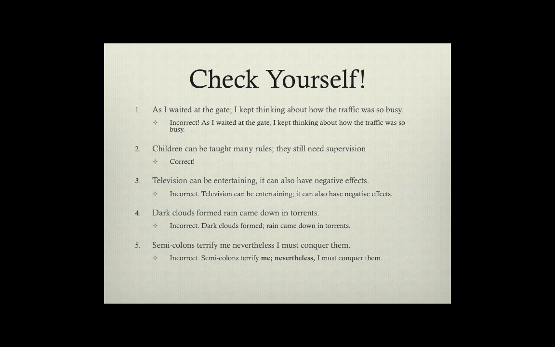Sentence 4. Dark clouds formed, rain came down in torrents. This is definitely incorrect. This is a terrible sentence. This is what we call a run-on sentence or a fused sentence. In this case, the writer has joined together two independent clauses, basically two sentences with no punctuation, right?